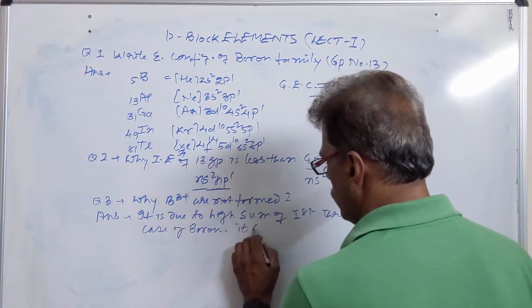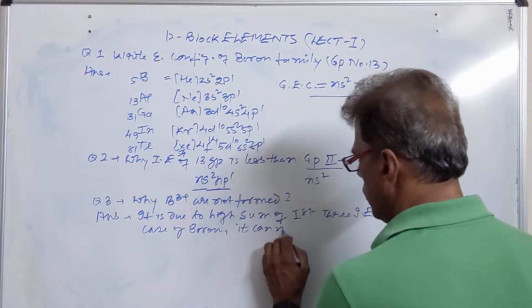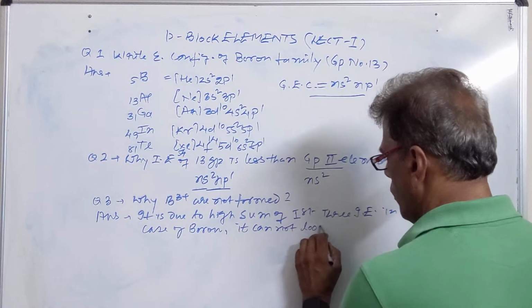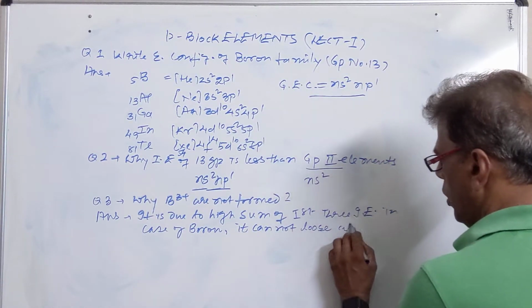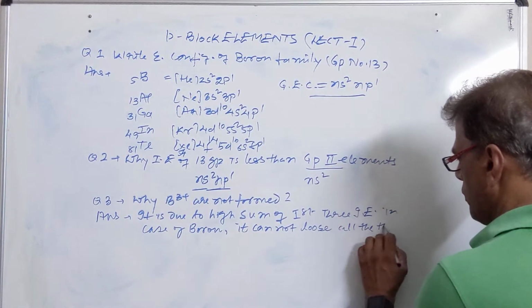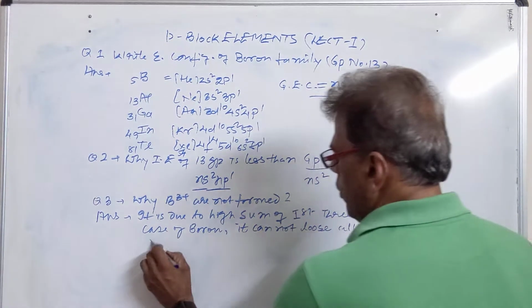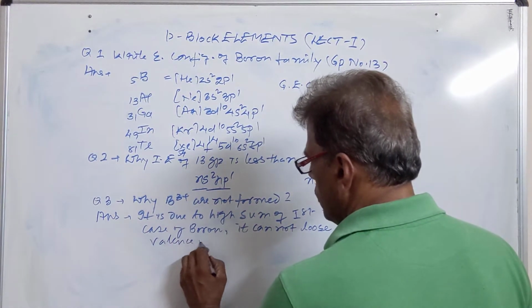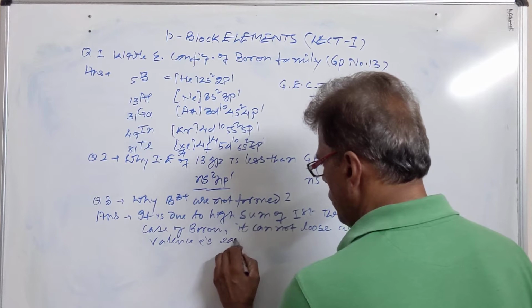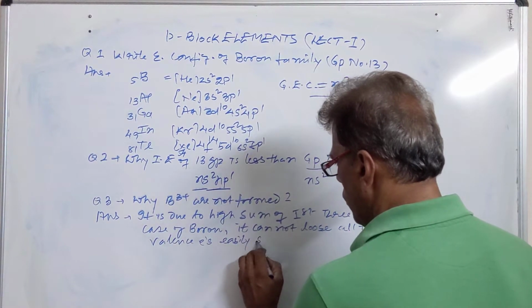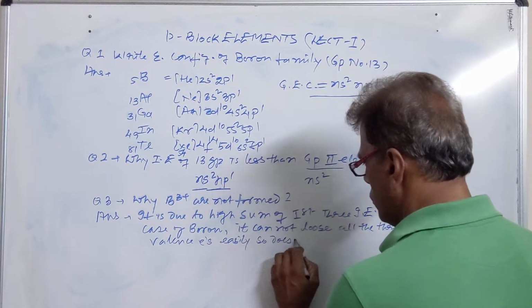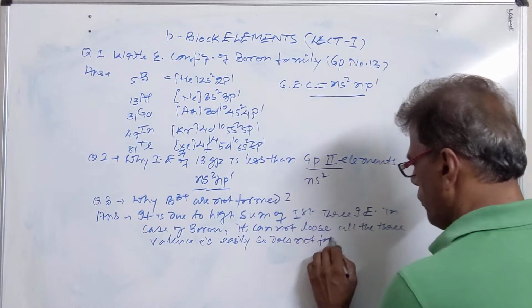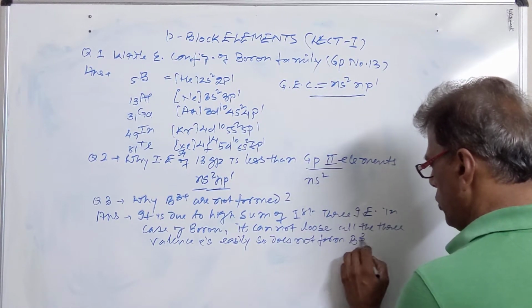It cannot lose all the 3 valence electrons easily, so it does not form B3+ ions.